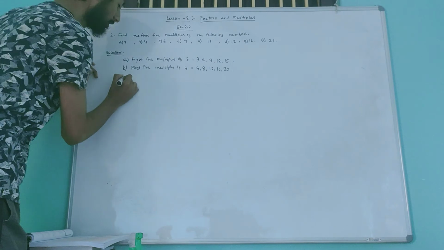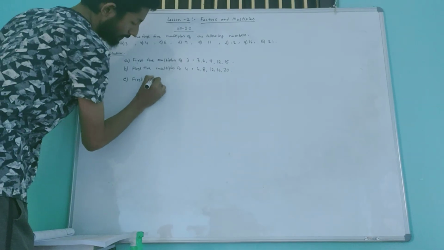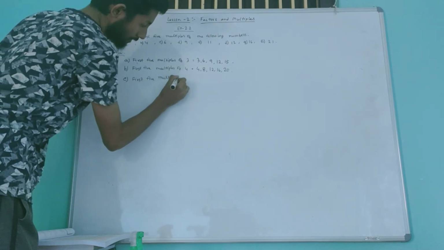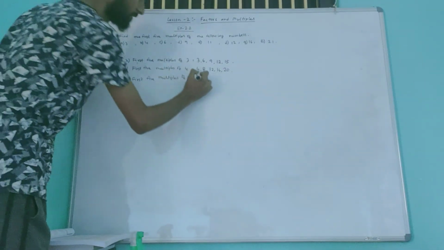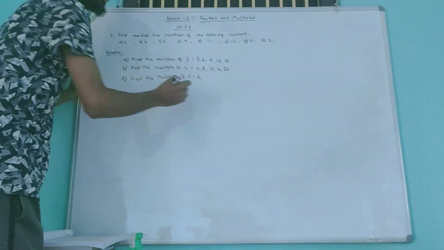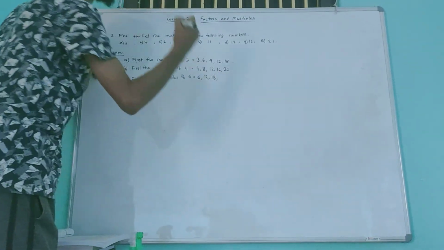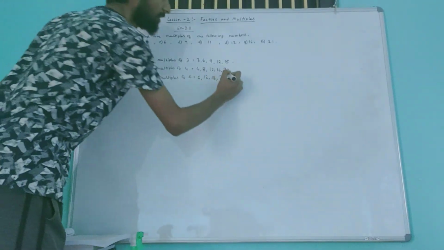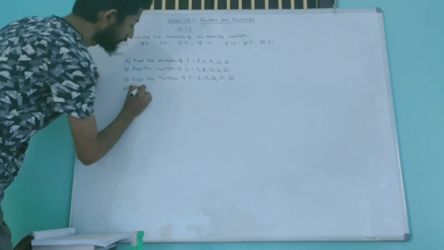Similarly, we will do question number C. First 5 multiples of 6 will be 6 ones are 6, 6 twos are 12, 6 threes are 18, 6 fours are 24, 6 fives are 30.